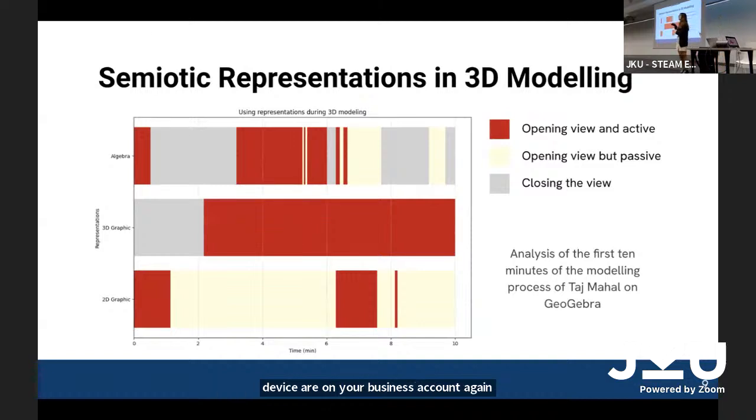To represent our data, we use the matplotlib library in Python. Each row represents one representation like algebra and the others. The red color represents that the view or representation is open and our expert is using it actively. The yellow part represents that the view is open, but our expert didn't use it actively.